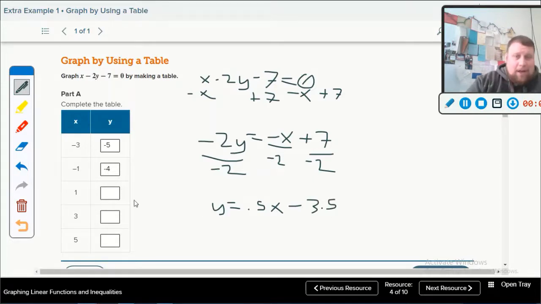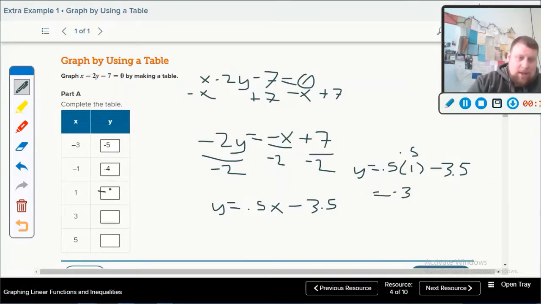And now check it out. When I plug in my 1, y equals 0.5 times 1 minus 3.5. So what's that going to be? 0.5 times 1 is 0.5. 0.5 minus 3.5 is negative 3, so this equals negative 3. See how much easier that is?